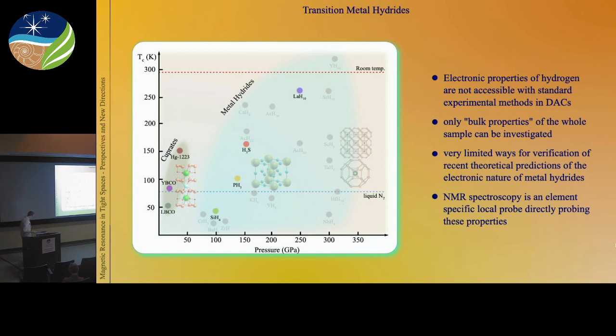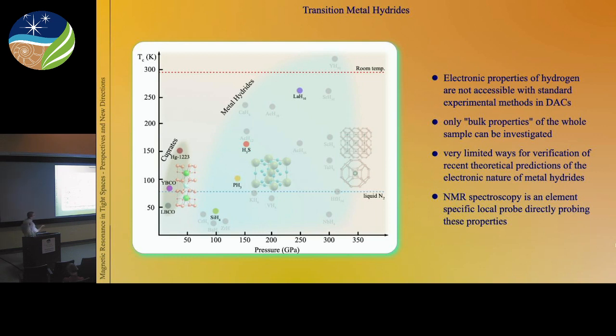But then the experiments become very messy, because hydrogen, which we need to induce the synthesis of these structures, tends to diffuse into diamonds, tends to break the diamonds, tends to compromise the electrodes, and so on and so on. On the other hand, with a resistivity measurement we can only probe bulk properties of our sample. So at the moment, we do not have any spectroscopic method to look at the electronic properties of hydrogen itself.